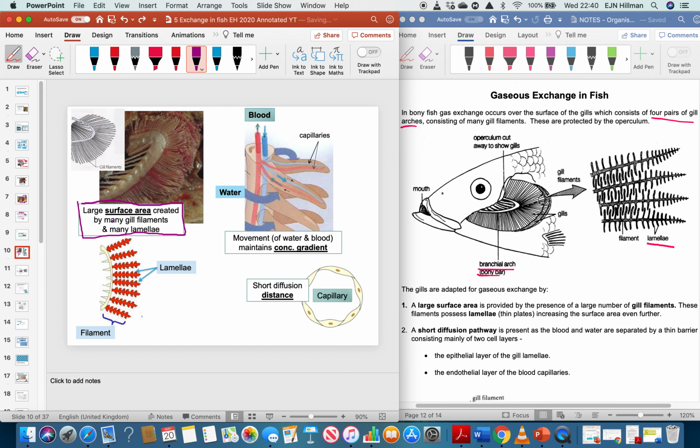Okay, and use that phrase, many gill filaments and many lamellae together. Just as an aside, you can see here this is a gill arch out of water, and you can see those filaments all stuck together, as I described earlier. Okay, here we have the filaments again. So the filaments are these longer ones, and on top of those, tiny lamellae. We'll have a look at those in a while. It's a large surface area.